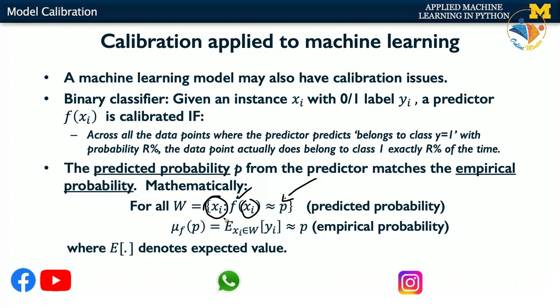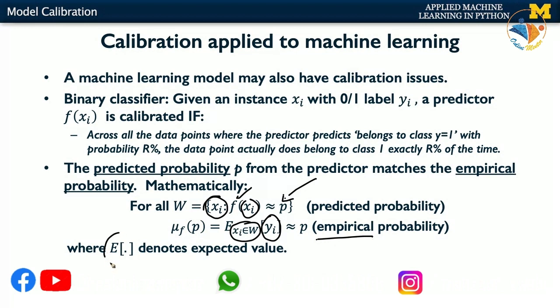And then we look at, so these are all the instances where the classifier predicts 100%. And then of those days, so for all the days that are in that set, we compute the average or the expectation over the actual labels, the labels of whether it actually did rain or not. So that's the empirical probability.